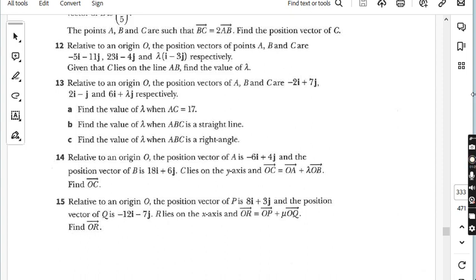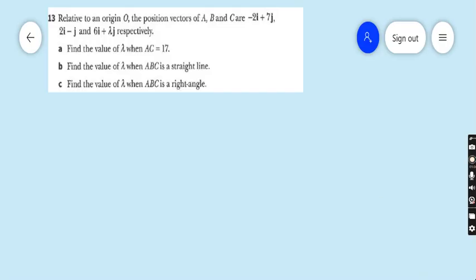Let's start a very important question, number 13.